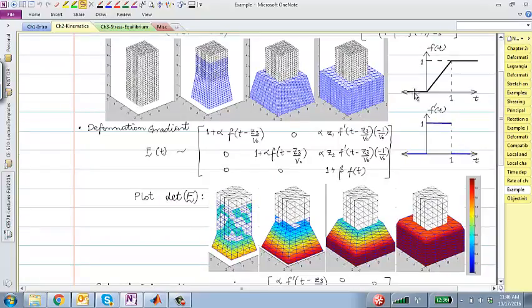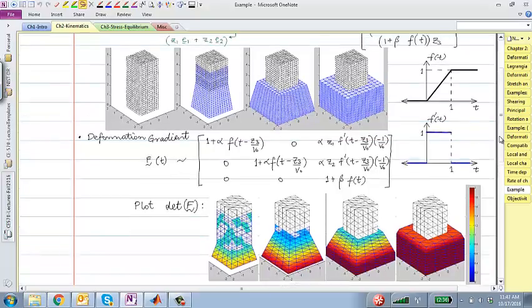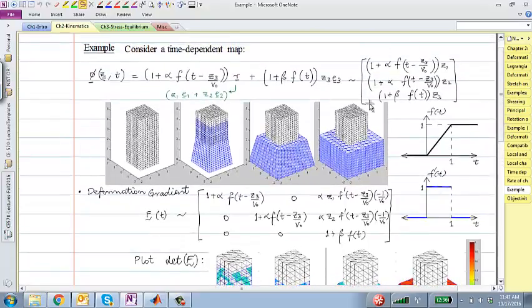Clearly, this derivative of f would be a discontinuous function, right? And for this particular map, I've calculated the deformation gradient as well, which is simply the time derivative of this map with respect to z1, z2, z3. So let's quickly verify. The derivative of the first term with respect to z1 gives me that factor up here.